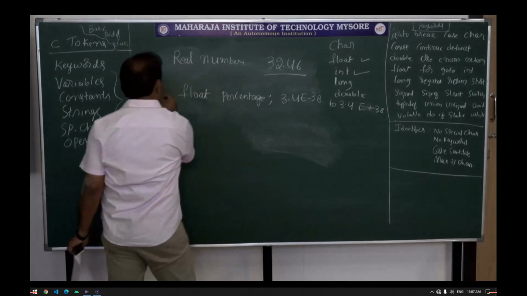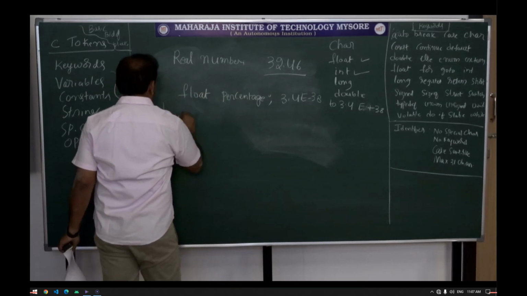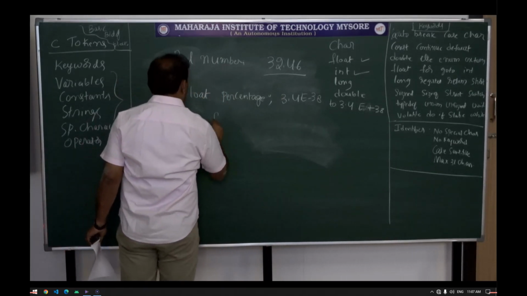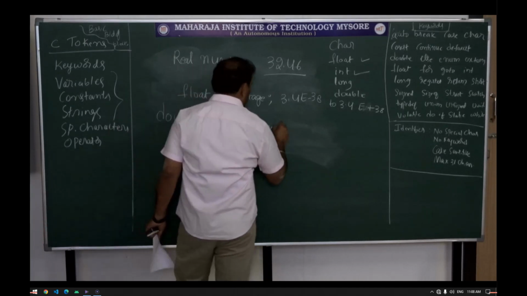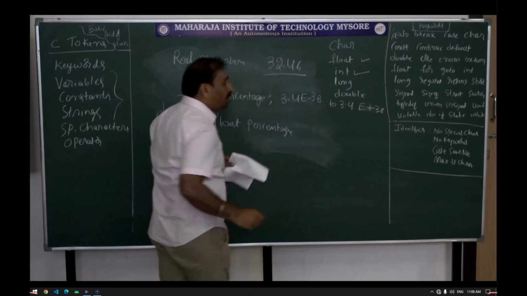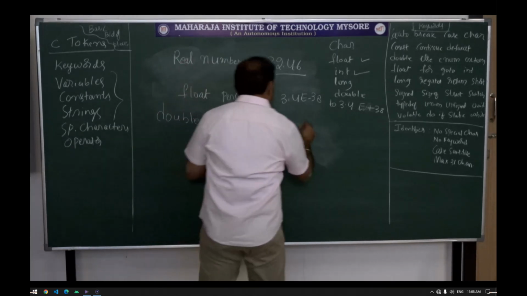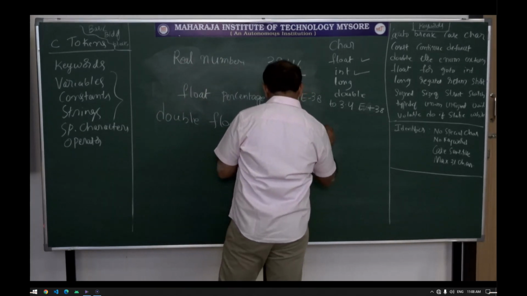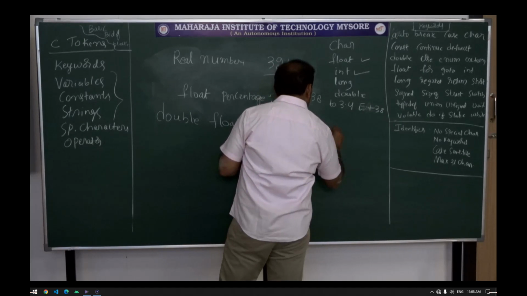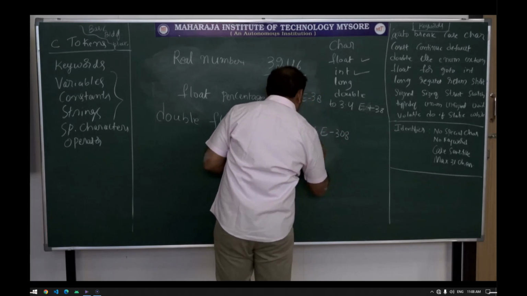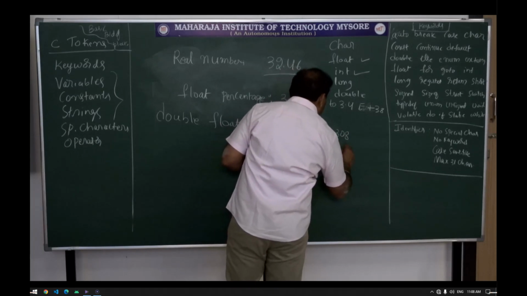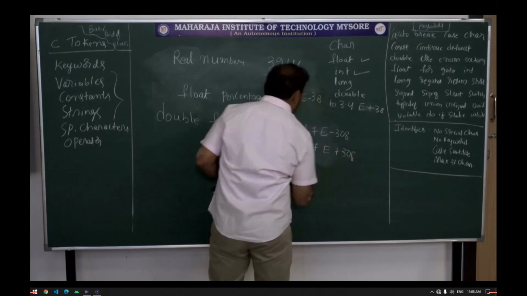So you can add now double float percentage. When you say double float percentage, it can go from 1.7 into e to the power of minus 308 to 1.7 e to the plus 308.